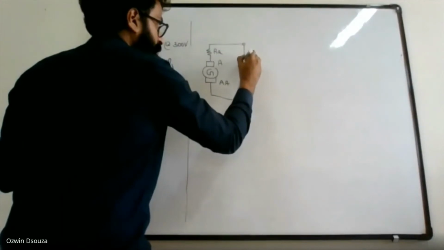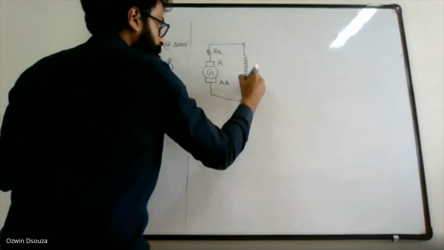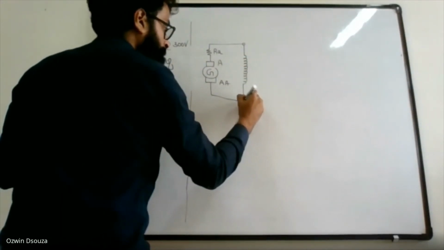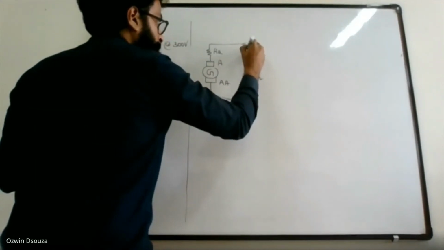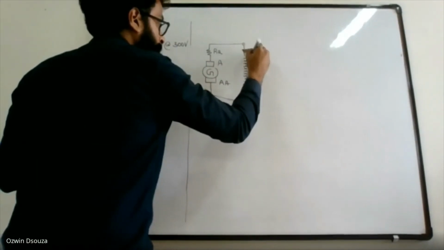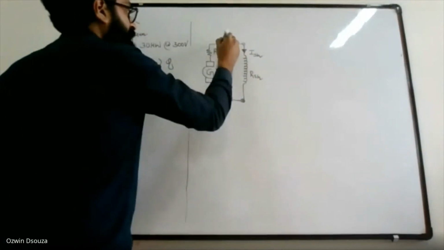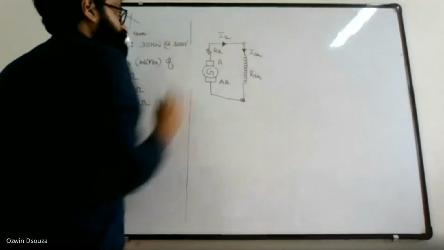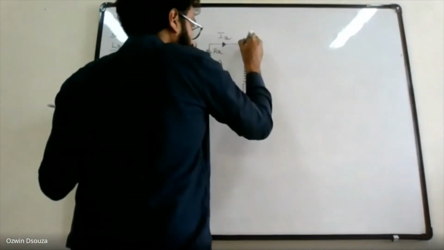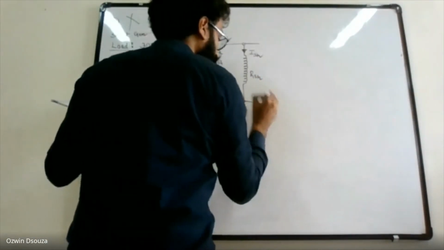The shunt winding, RSH. Field current ISH. Armature current IA.